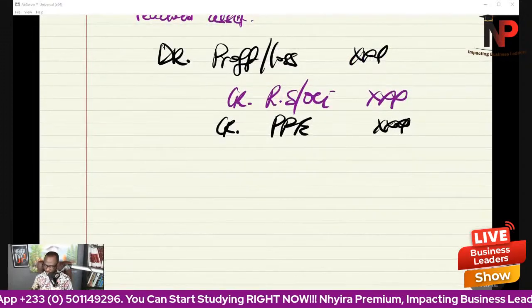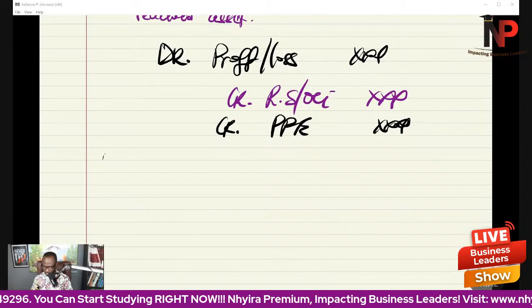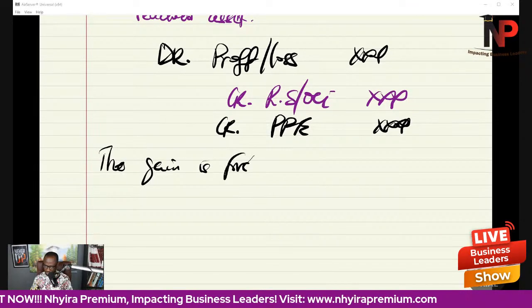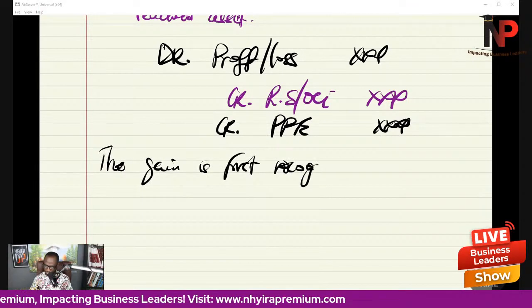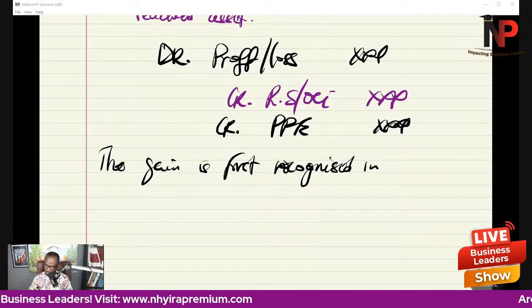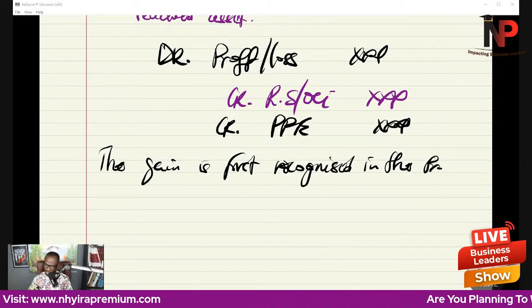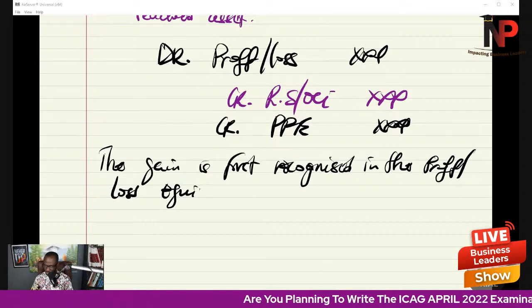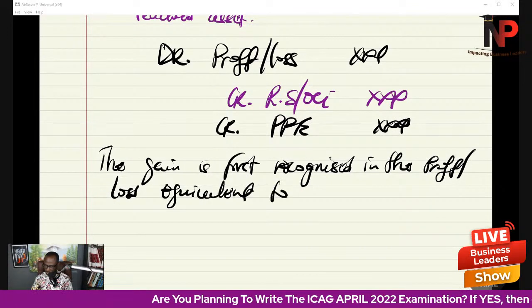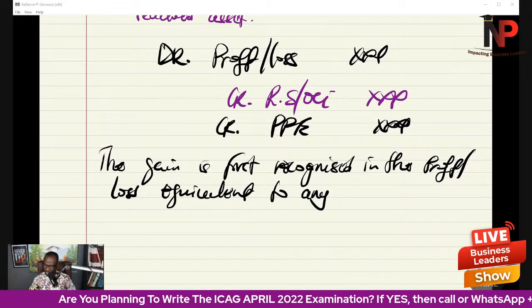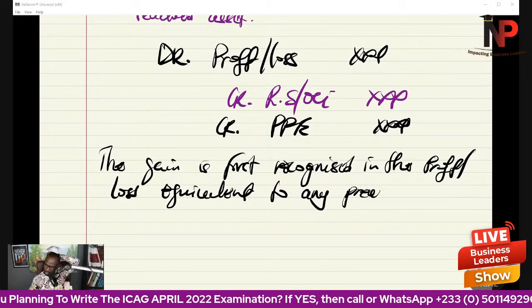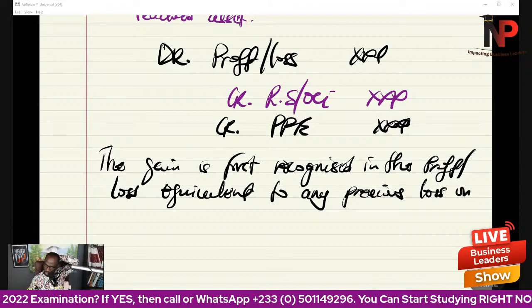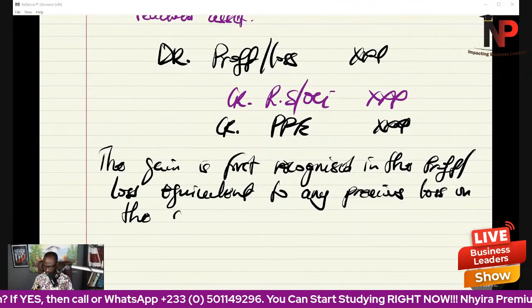So the gain is first recognized in profit or loss equivalent to any previous loss on the same asset.